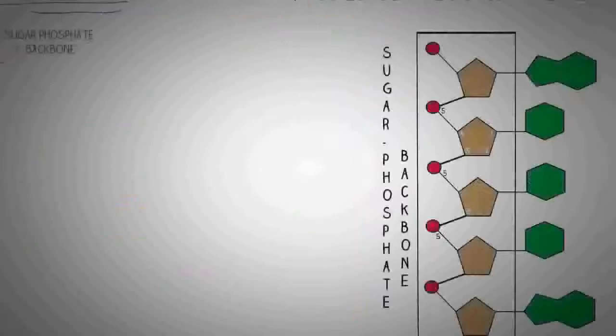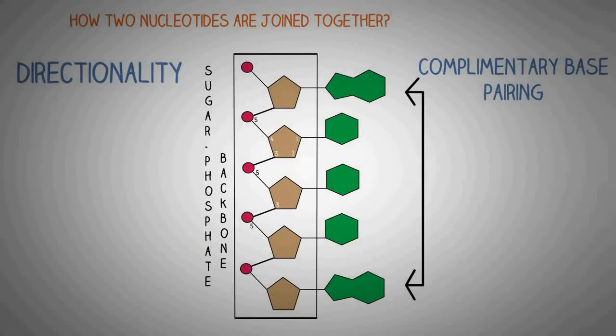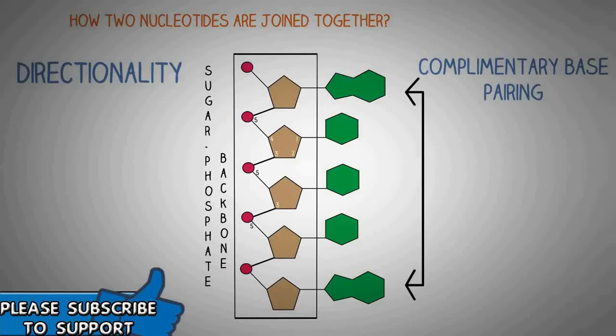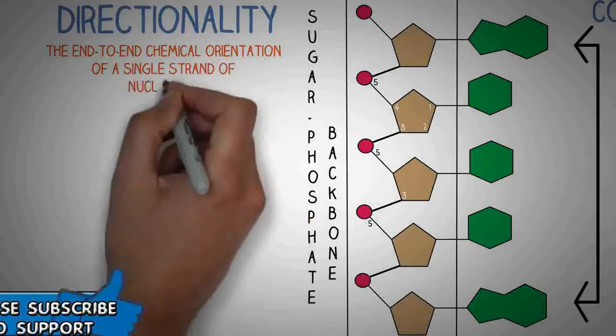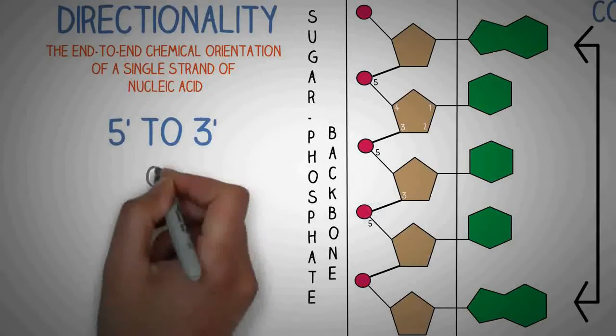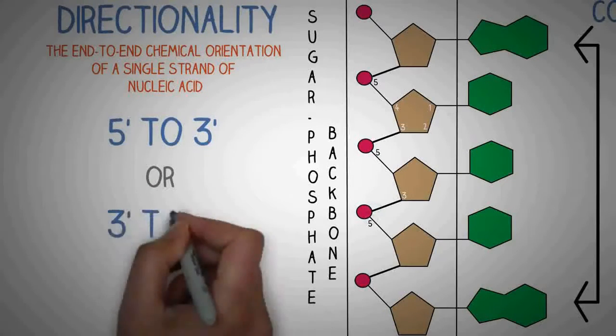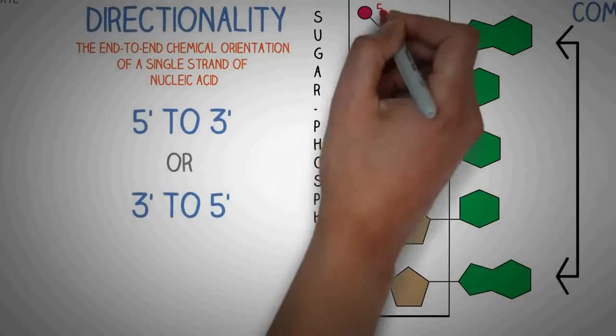And to understand these key differences, you have to understand the concept of directionality and complementary base pairing. Now, what directionality essentially means is that it is the end-to-end chemical orientation of a single strand of nucleic acid. Now, the direction of the DNA is expressed in two ways, 5' end to 3' end or 3' end to 5' end.